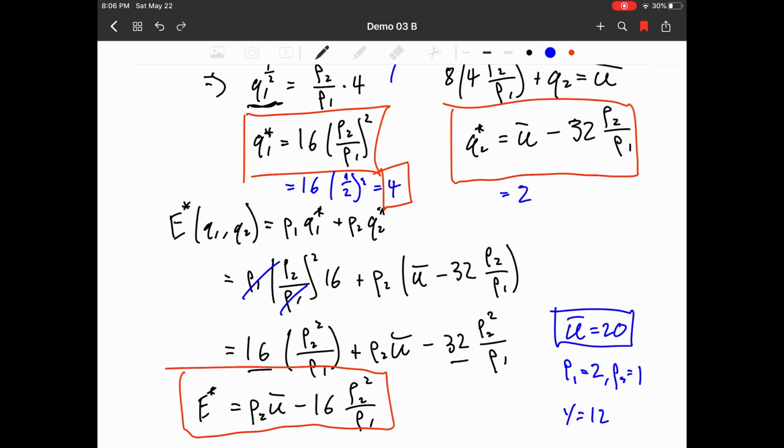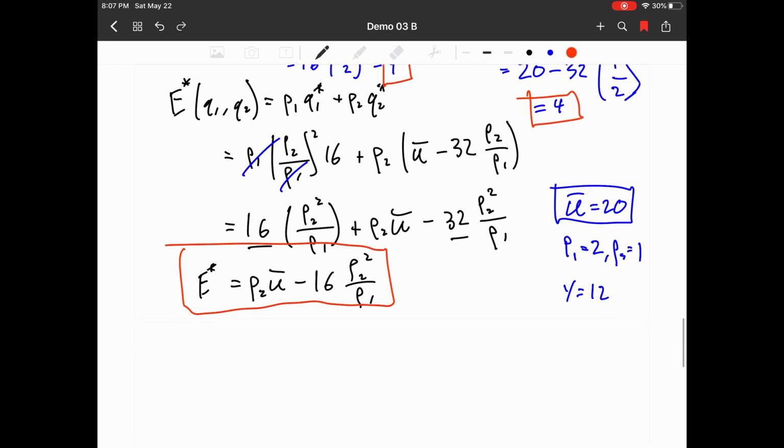And u bar, which is 20 minus 32 times p2, which is 2 over 1. Let's see. Nope, I did that wrong. Thought something looked fishy. Okay, p2 is 1 and p1 is 2. So that comes out to be 16, and again, this comes out to be 4. So that's great. And our quantities are verified.